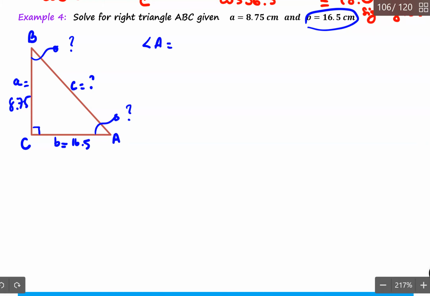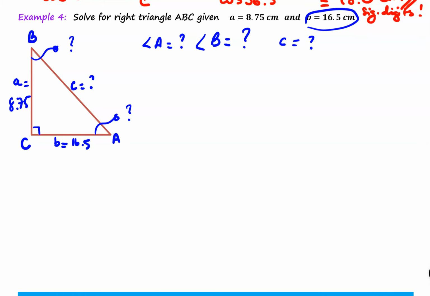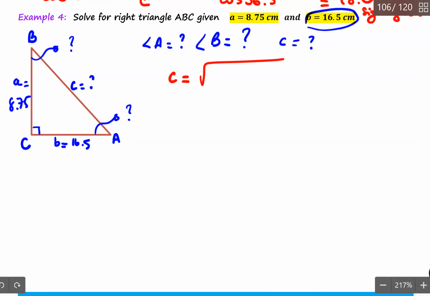Angle A is question mark, B I also have to look for, and I also have to solve for C. Now, using the given information of b and a, I can solve for C first. Solving for C, I will use the Pythagorean theorem. The Pythagorean theorem says that C will be equal to the square root of A squared plus B squared.